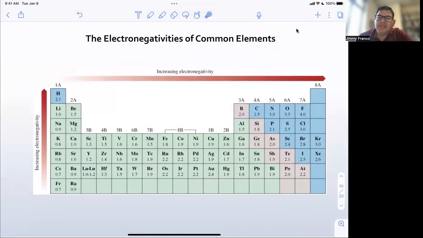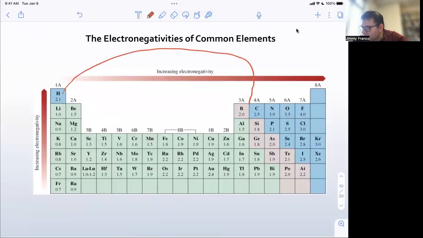You don't need to memorize these numbers, but if you just want to be able to specifically see them, we just said that fluorine is the most electronegative with 4. And generally, the closer you are to fluorine, the more electronegative you are. Okay? And I think I talked a little bit at the very beginning that even though hydrogen is here on the left column, in terms of electronegativity, it actually belongs right next to carbon. Right, so it'll sit right there.